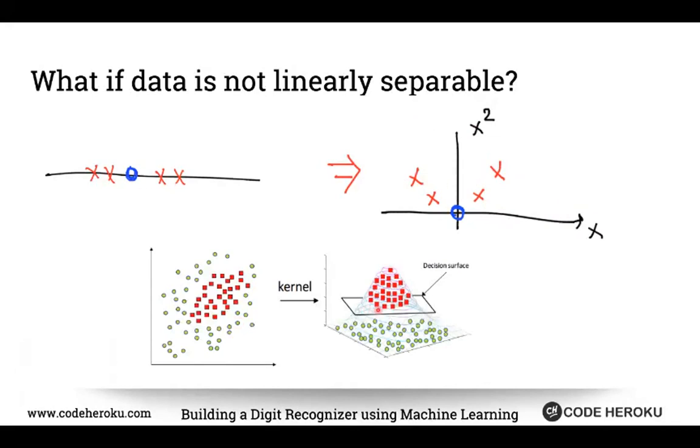Same for 2 dimensions to 3 dimensions as well. In this case, it was not possible for us to draw a line that will separate both these 2 classes. But if you pass it through a radial basis function or a Gaussian kernel, your points get raised on a hill. The things which were centered got raised on the top of this hill on the Gaussian surface. And now you can draw a linear separator.